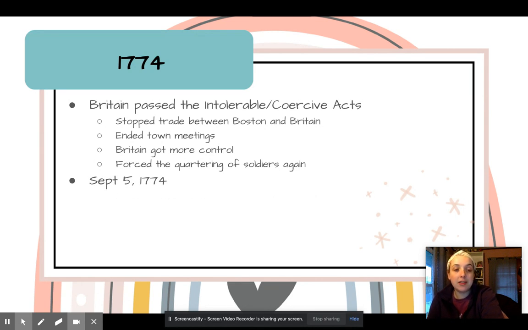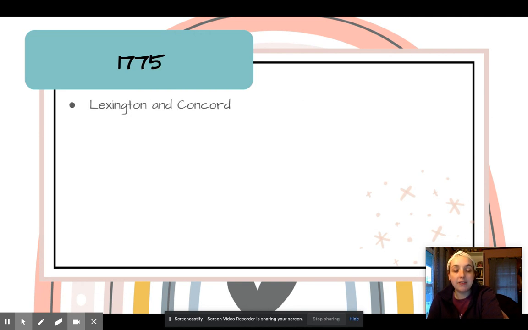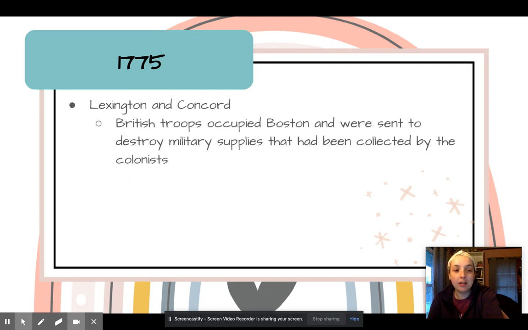September 5th, 1774 is the first meeting of the Continental Congress. So, the founders met to kind of figure out what they wanted to do, trying to break up with King George in Britain. In 1775, Lexington and Concord happens.